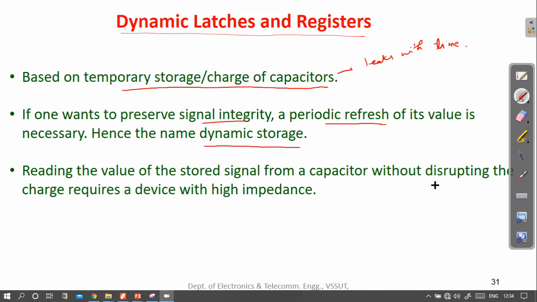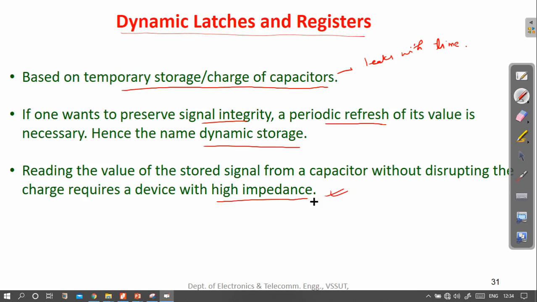Otherwise it will pose a problem, the capacitor charge will change. So the reading from the capacitor charge can be done with the help of a device that should have a high impedance. Otherwise, when you don't provide a high impedance, there is a chance that the capacitor charge may leak into the ground.